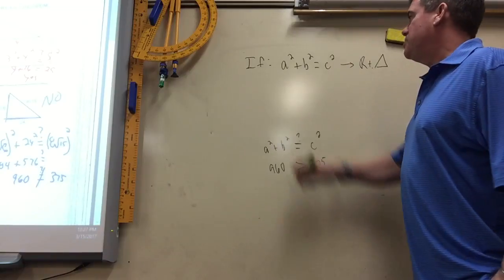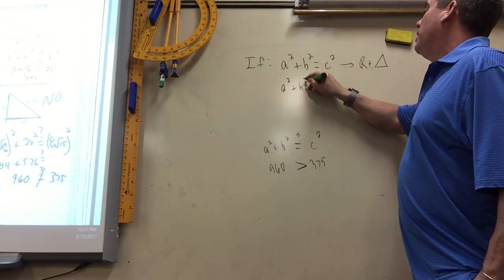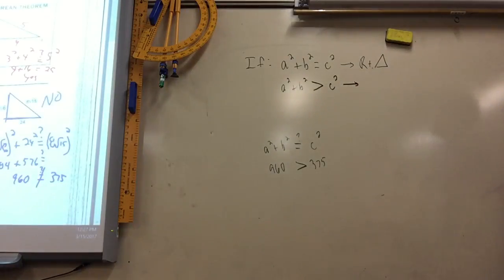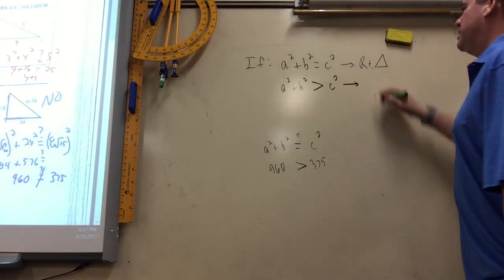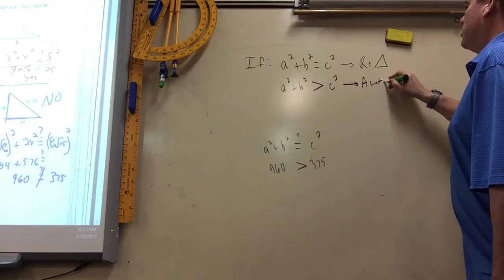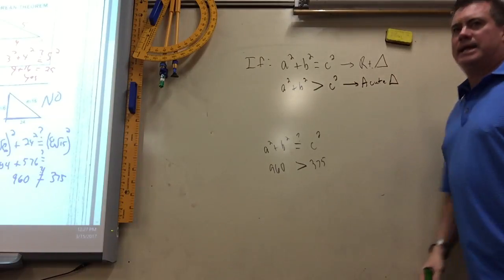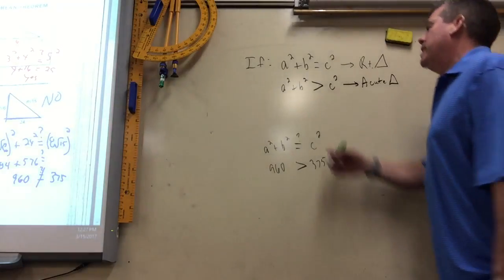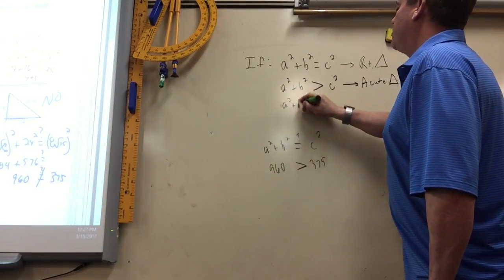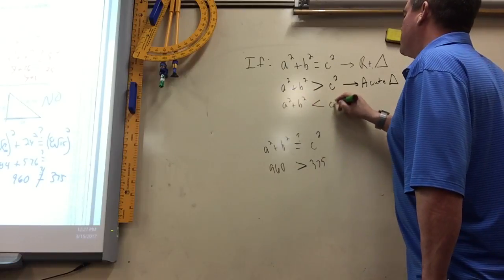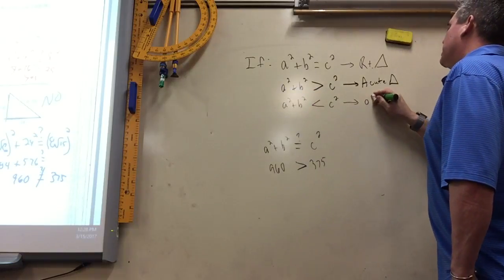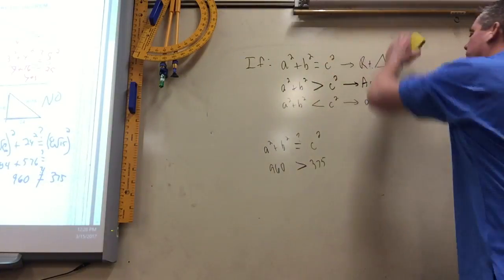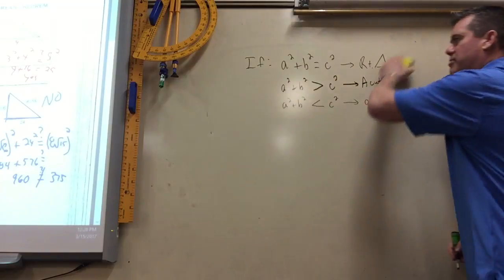If a squared plus b squared is greater than c squared, it's the opposite of what you would think. It is an acute triangle. Acute means all the angles are less than 90. So then the other one would be if a squared plus b squared is less than c squared, it's an obtuse triangle.